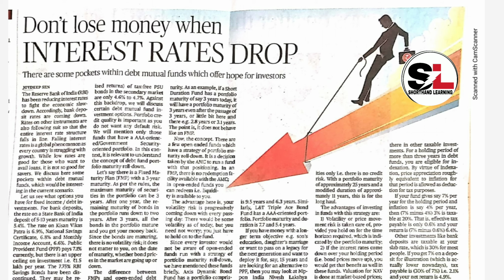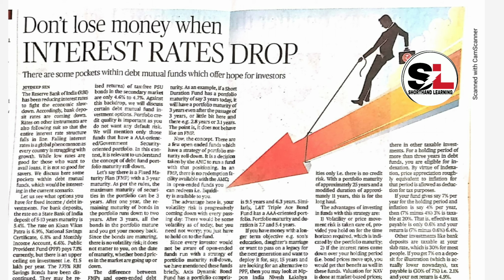As an example, if a short duration fund has a portfolio maturity of say 3 years today, it will have a portfolio maturity of 3 years even after the passage of 3 years or a little bit here and there, for example 2.8 years or 3.1 years. The point is it does not behave like an FMP.